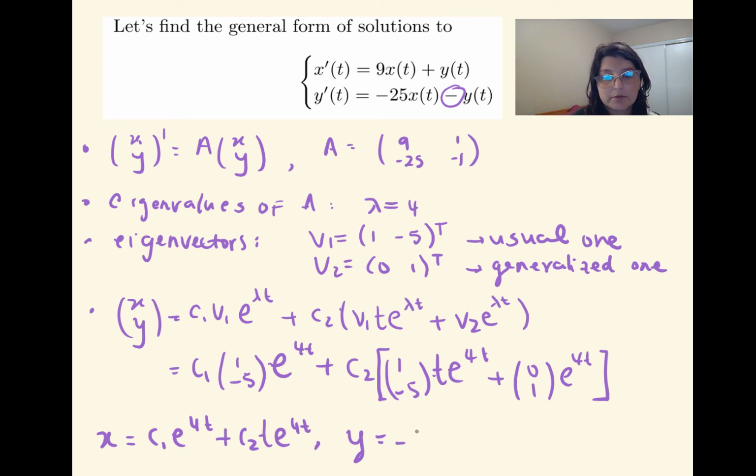So that's minus 5 c1 e to the 4t. And then second component. And this time we will get non-zero terms from both addends inside the bracket after c2. So we'll have a minus 5 times t e to the 4t, and then a plus e to the 4t.